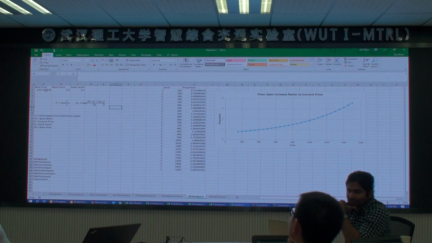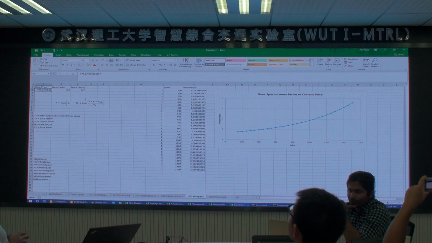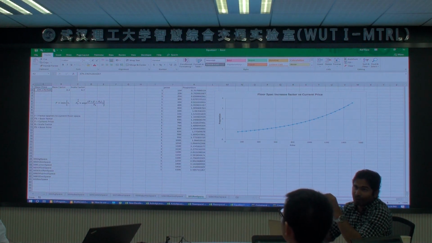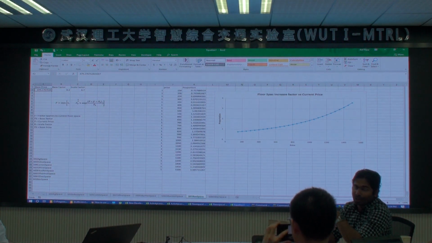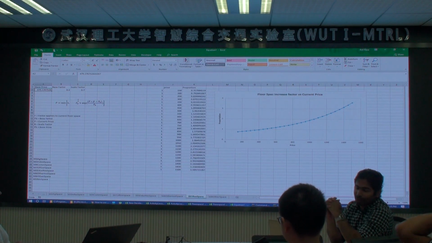This base price is very important because the model will only develop space quantities if the price is higher than this base price, because the developers will not develop space if the price is low. If you develop the space and cannot sell it, you are not getting any benefits. So developers are interested in the price, and that's why this function mainly depends on the price.